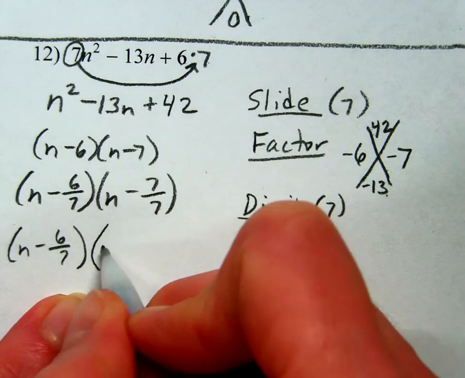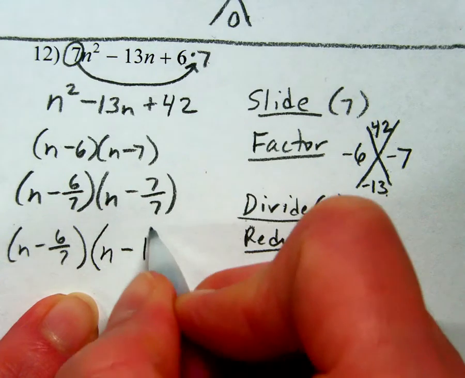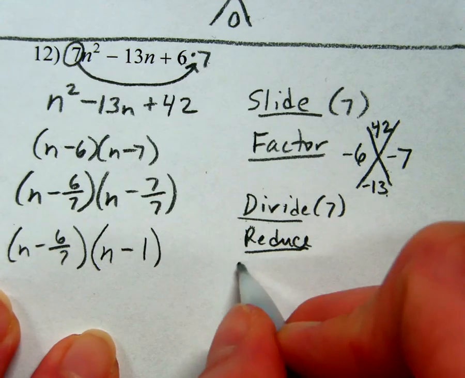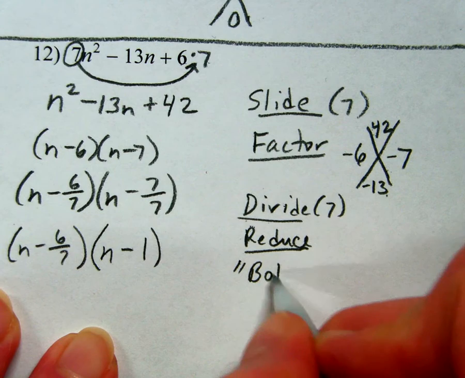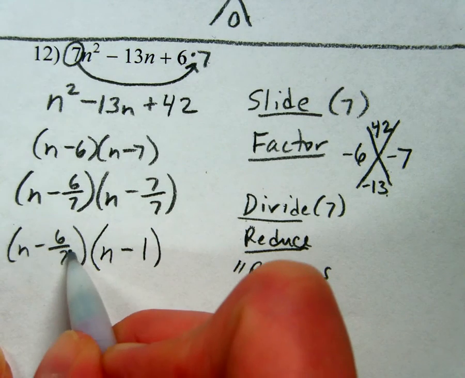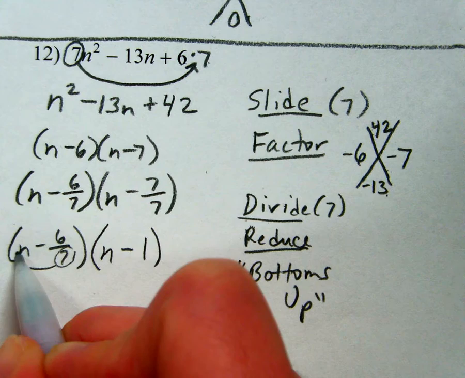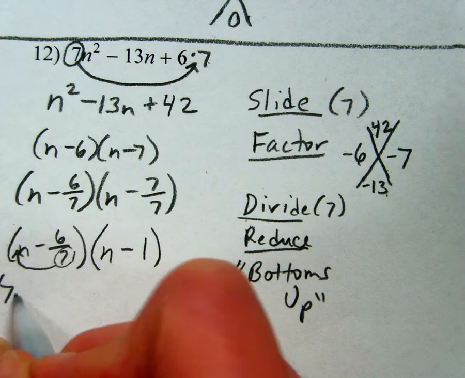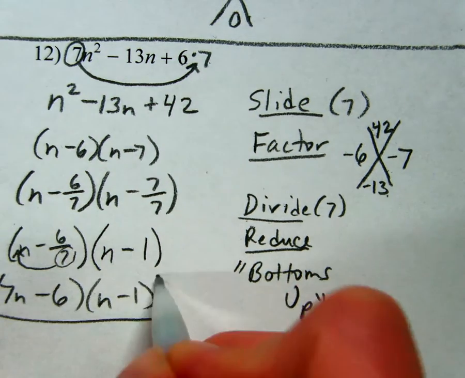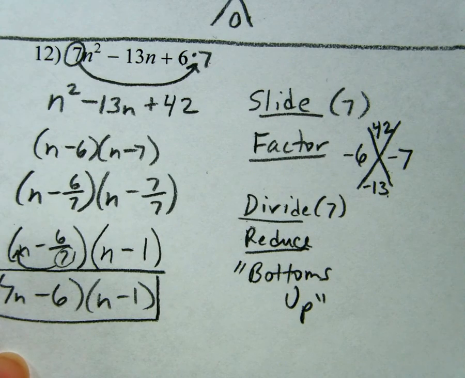But 7 over 7 would divide and just leave me with 1. So I can rewrite that as n minus 1. And then if there's any fractions left, the last step is to bottoms up. So we'll take this 7 that's on the bottom and move it up in front of the n. So you'll have 7n minus 6 there and n minus 1 there. And that's it.